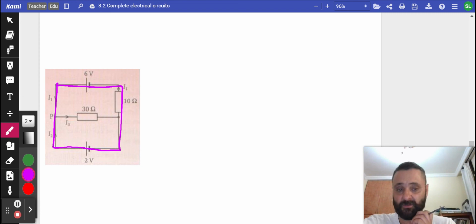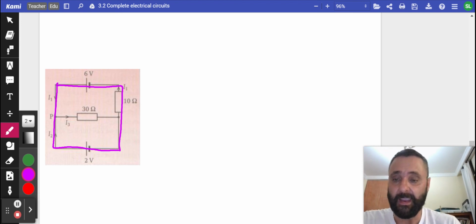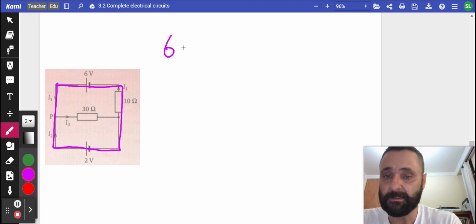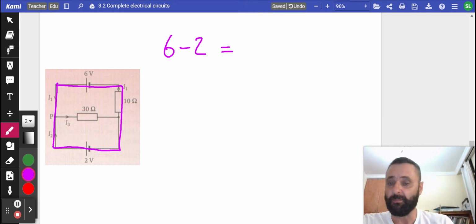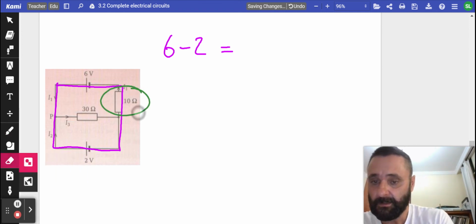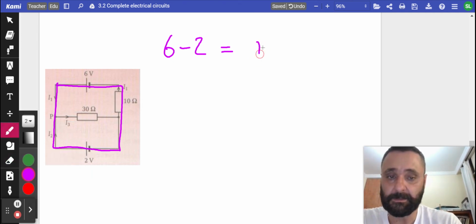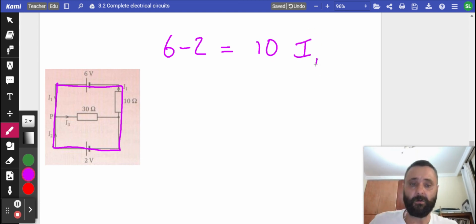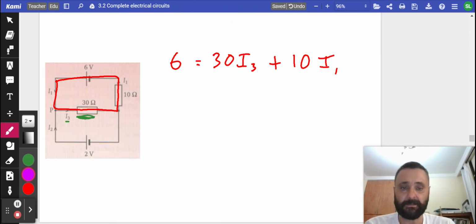If those 2 batteries were pushing in the same direction, we'd add 6 to 2, but because we've got them in opposite directions, we need to subtract. So the total EMF gain around that purple closed loop is 6 minus 2. Now that's equal to the potential difference drop. The only one that has a potential difference drop is that one there, which is equal to 10 I1. There you have it, 3 simultaneous equations.